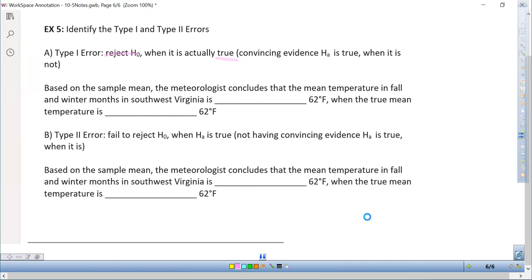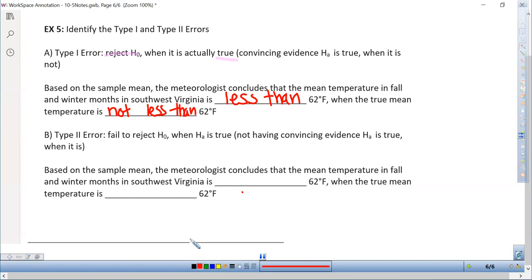Okay, so what this means is that for this example, if I have a type 1 error, then based on the sample mean, the meteorologists would conclude that the mean temperature in fall and winter months in Virginia, they're rejecting the null, so it is less than 62 degrees Fahrenheit. But the true mean temperature is actually not less than 62 degrees Fahrenheit. So that's a type 1 error. A type 1 error is that I reject the null hypothesis when I shouldn't have.